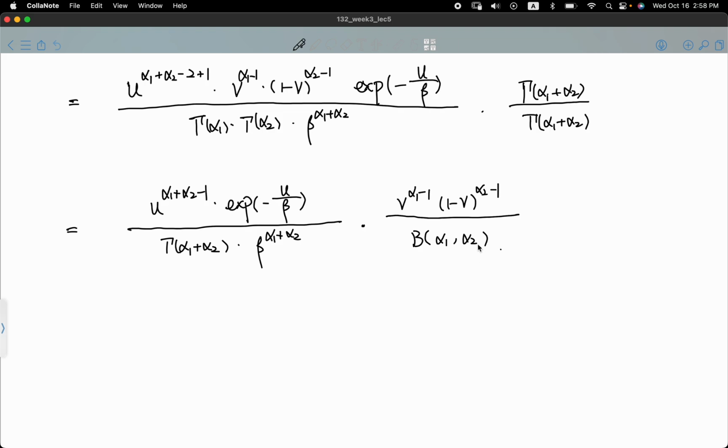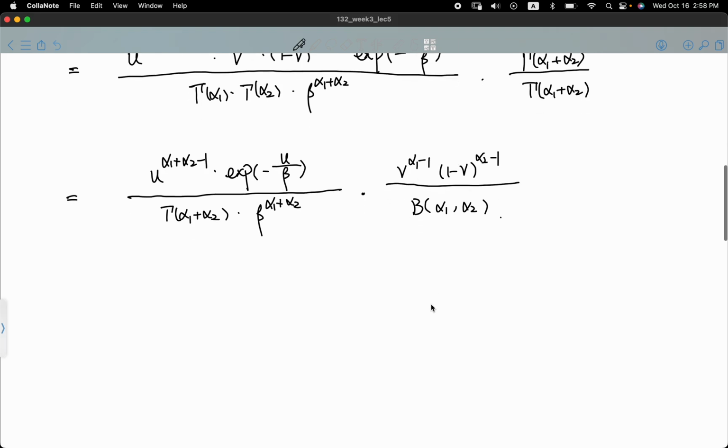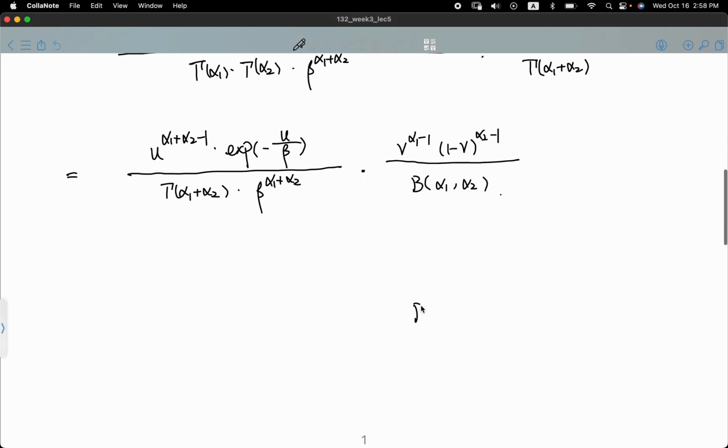So this beta function, let me write it here. I'm going to introduce this beta function, which is the gamma of alpha 1 multiplied by gamma of alpha 2, divided by the gamma function of alpha 1 plus alpha 2.